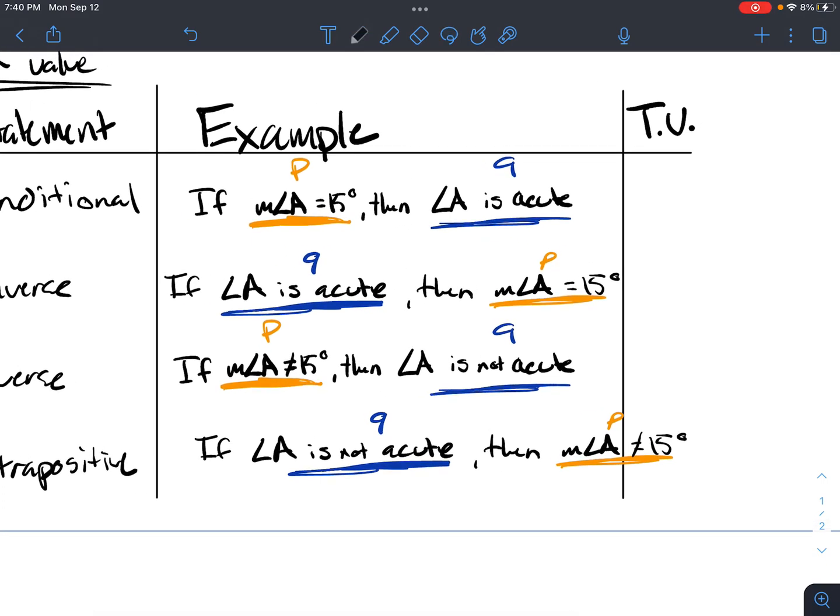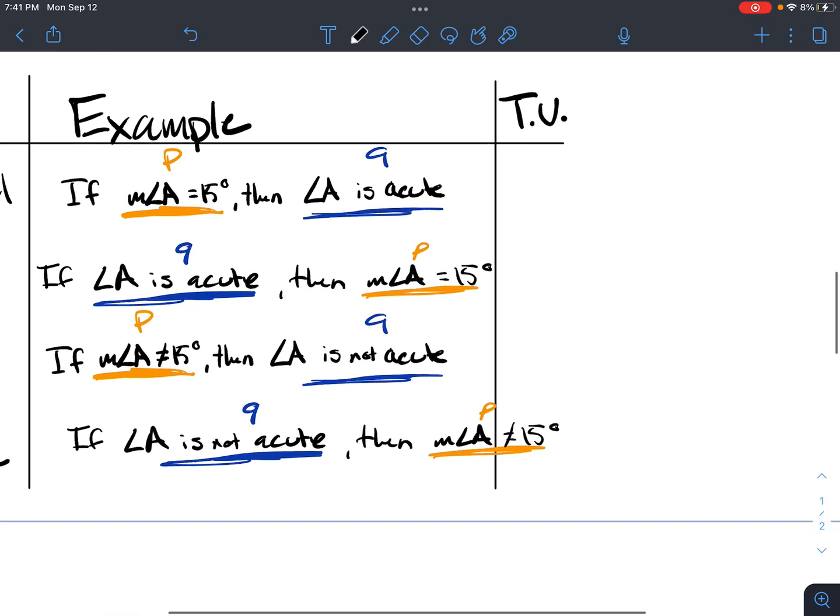So, if our measure of angle A is 15 degrees, then A is acute. That's just a fact. Anything less than 90 degrees is an acute angle. True. So if A is acute, then the measure is 15. Well, that's false. I said, we could have angle 6.